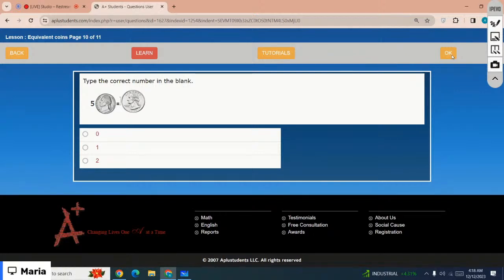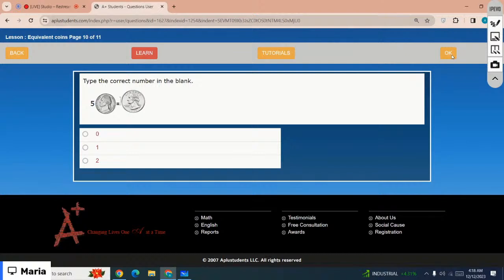Okay, the next one is type the correct number. Which coin is this? Nickel, dime. Nickel it is. 5 nickels equal how many quarters?